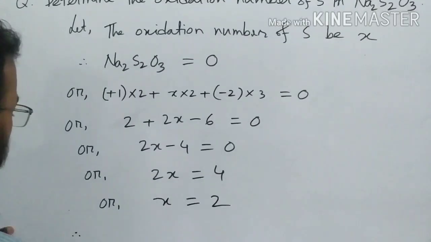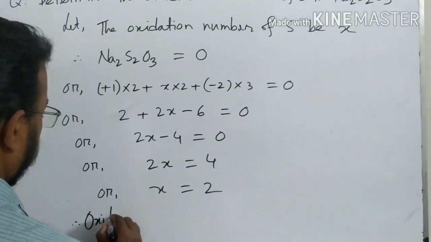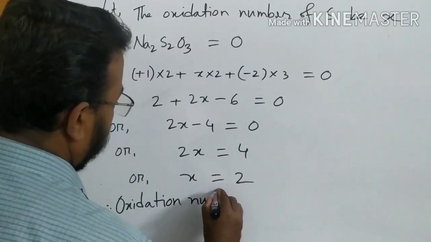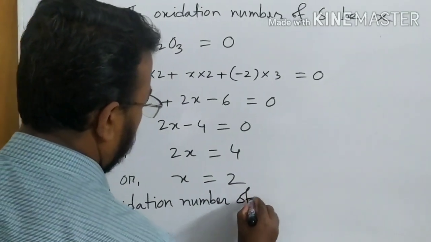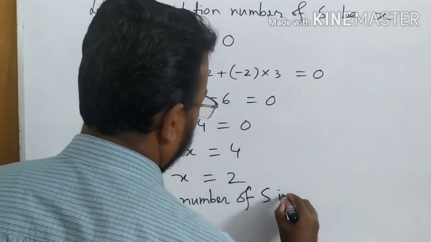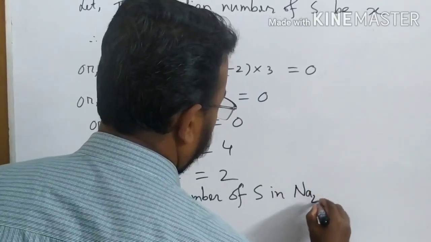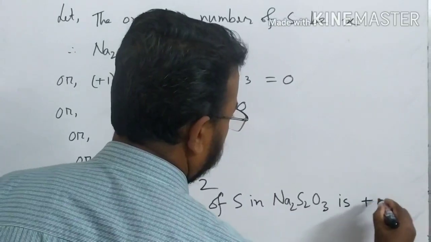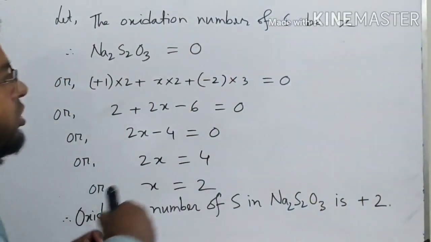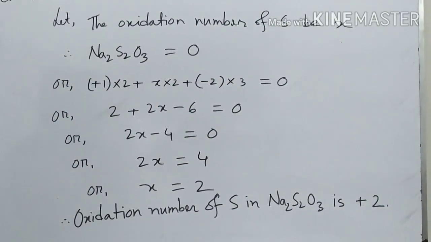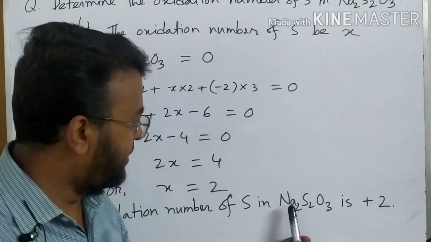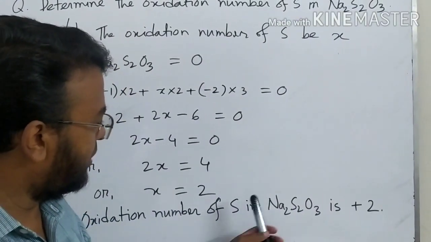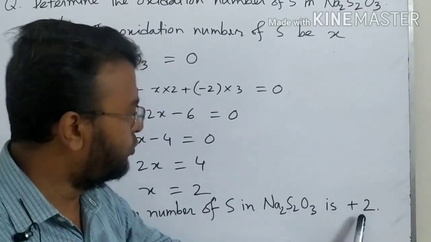Therefore, the oxidation number of sulfur in sodium thiosulfate is +2. So we have got the oxidation number of sulfur in Na2S2O3, and it is +2.